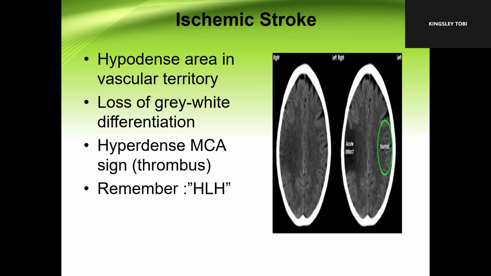And this brain CT should be obtained within 90 minutes of presenting to the hospital. In fact, that's what they call pain to CT evaluation, and then from CT to needle, all right? So the brain CT will give you a good background to make your decision.